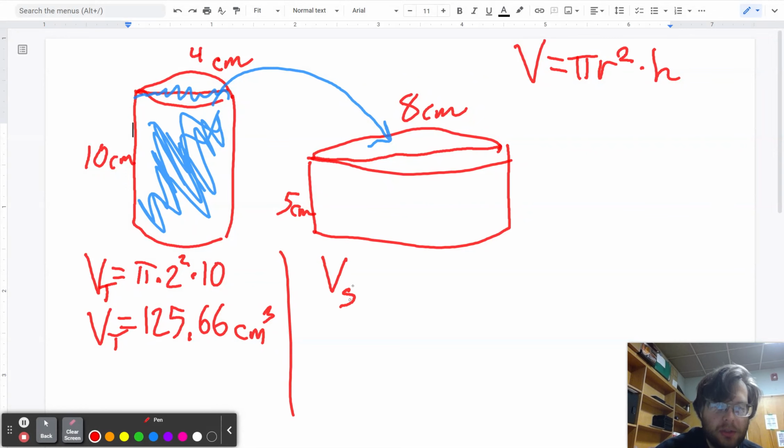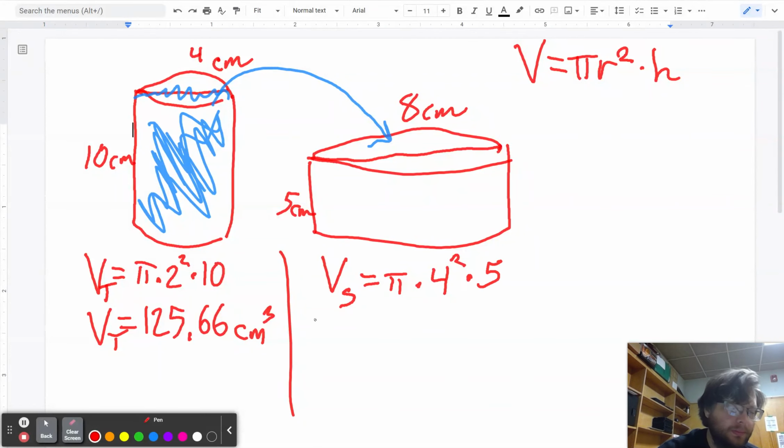The volume of the short cylinder is pi times 4 squared times 5. So think about, what do you think is going to happen? Is it going to be bigger, smaller, or equal to what we just had? Pi times 4 squared times 5.